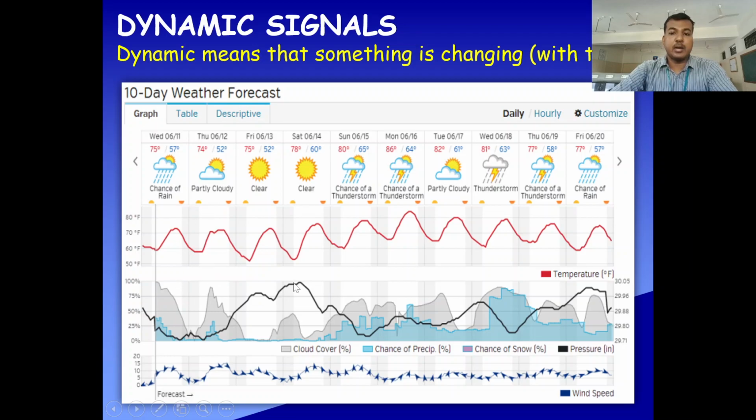Comparing days, one shows 75 degrees and the lowest is 57. Another shows 74 and 52, then 75 and 52. Each one is varying with respect to time, the temperature and the possibility of rainfall. Everything always changes with respect to time. That is what is called dynamic signals. So dynamic means that something is changing with respect to time.